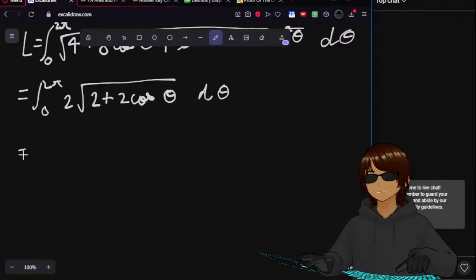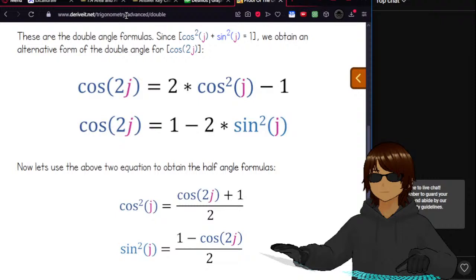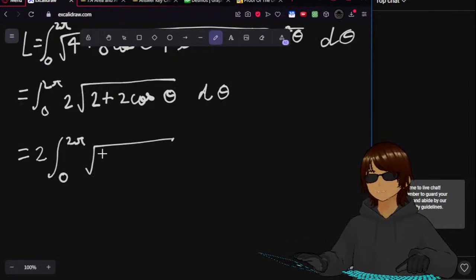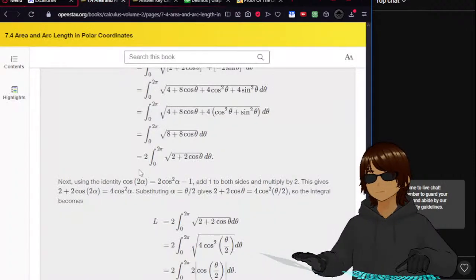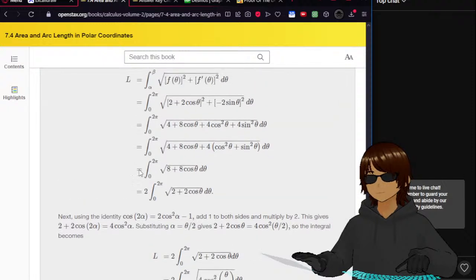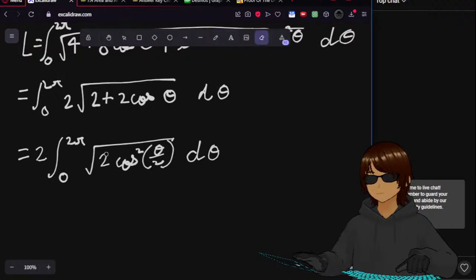So I guess I can do this. 2 cos squared theta over 2. This is actually 4.